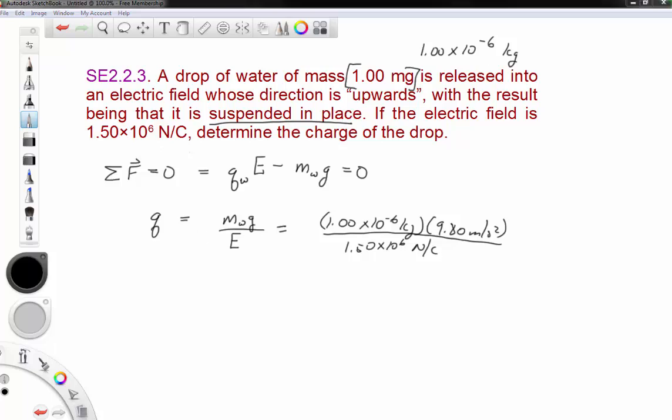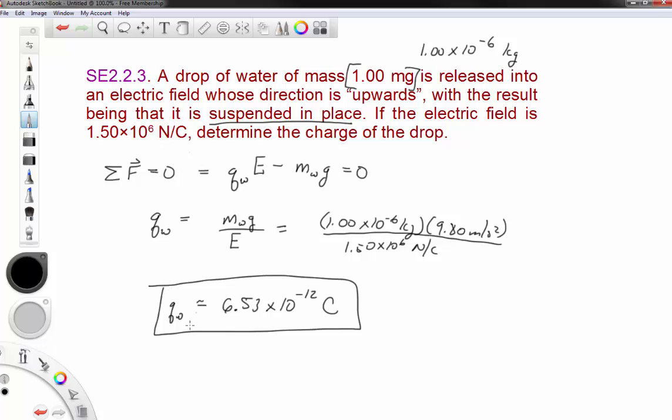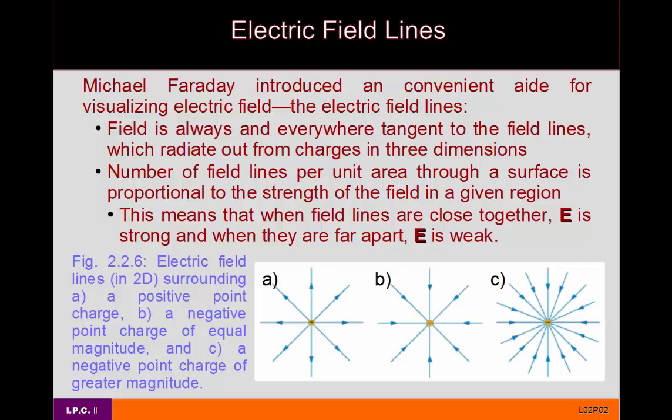That gives us a total charge for the water droplet of approximately 6.53 times 10 to the minus 12 coulombs, which is 6.53 picocoulombs. That is how much net charge is in this water droplet. And of course it must be a positive net charge in order for this force to be upward acting.